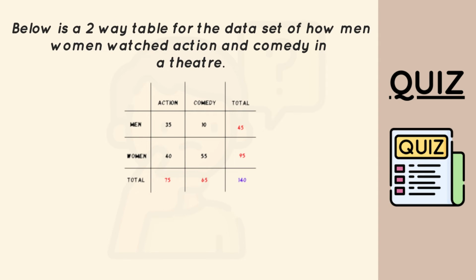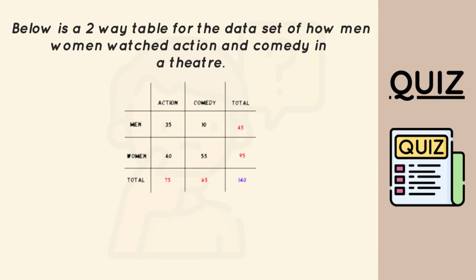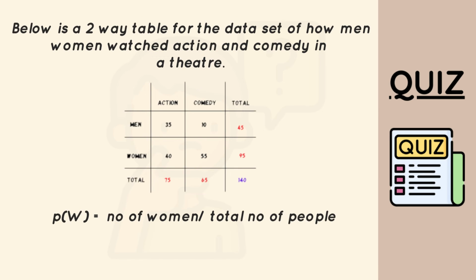So the formula is going to be written as P(A|W) equals the probability of A intersection W divided by the probability of W. The probability of A intersection W is equal to the number of people that like action movies and are also women, divided by the total number of people. And the probability of the person being a woman is equal to the number of women we have divided by the total number of people in the theater.